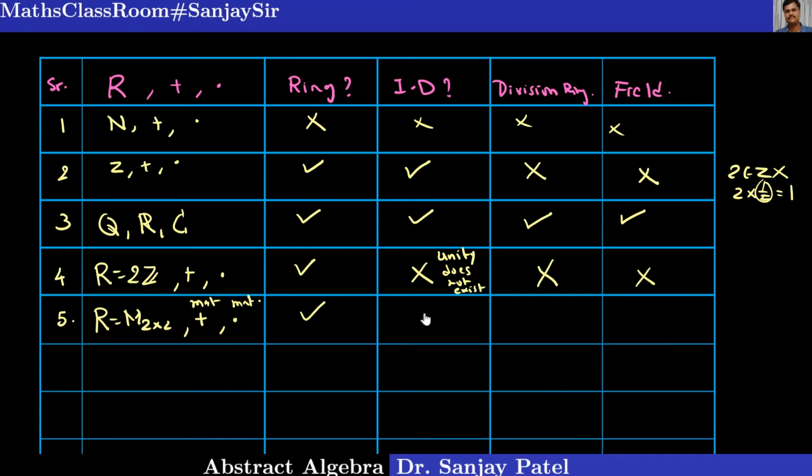Is it an integral domain? What do you say? What you have to check is only two things. R is a ring, we know. Can I say R is a commutative ring? No, because the product of two matrices is not always commutative. You cannot say A into B is always equal to B into A. So this is not an integral domain.